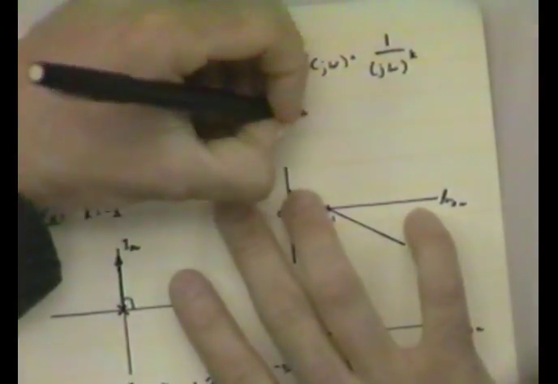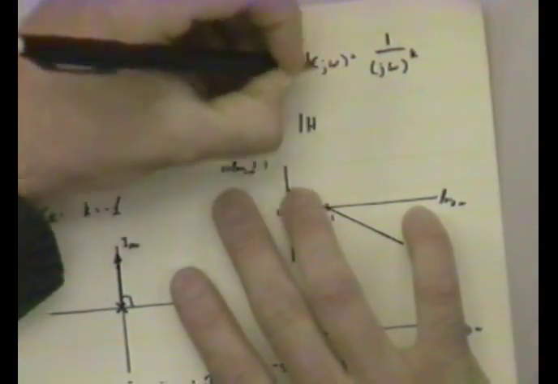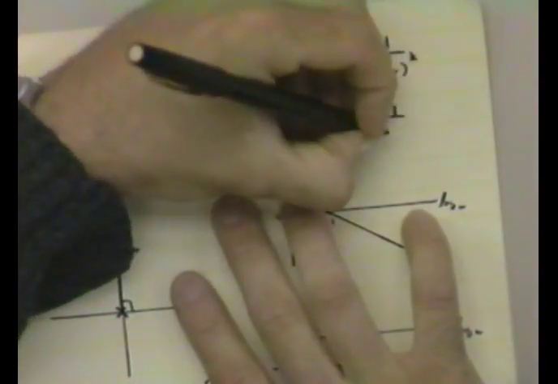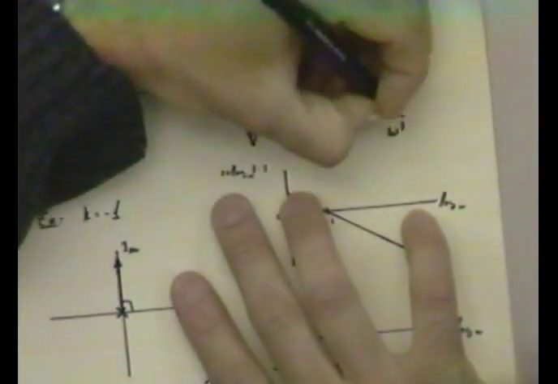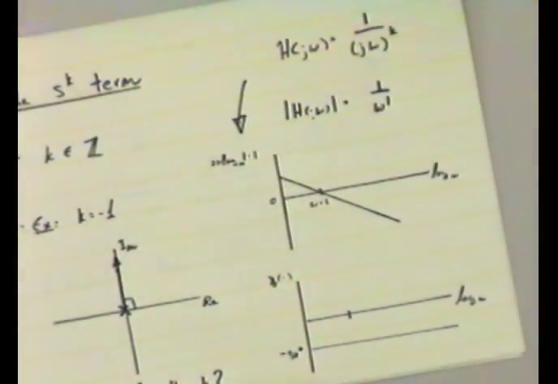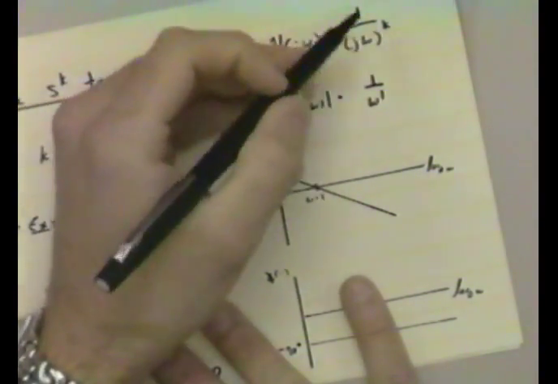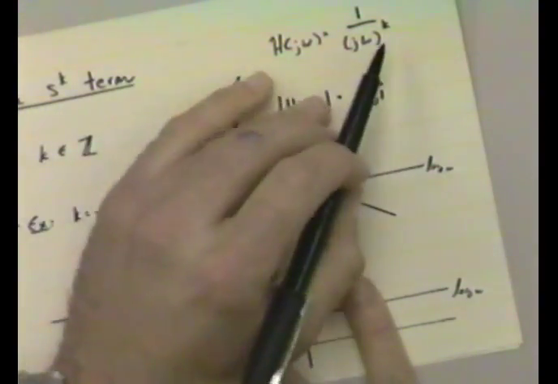If we look at the modulus, all we end up with is 1 over omega. Oh, I'm so sorry, I made a silly mistake. Here we really have k equals 1.